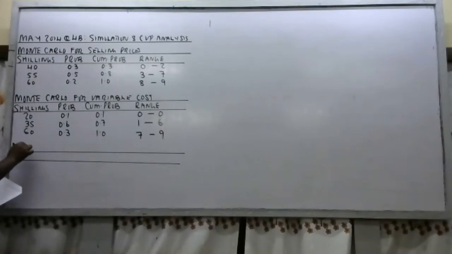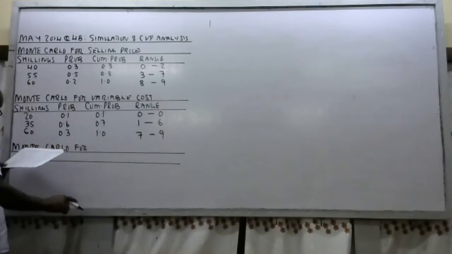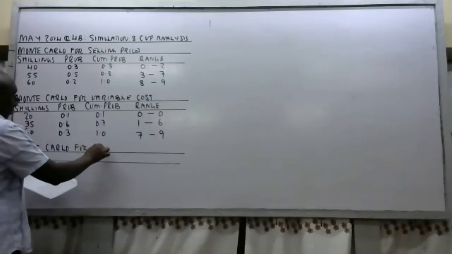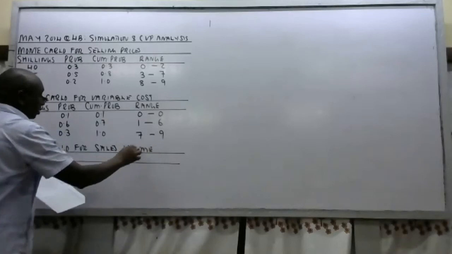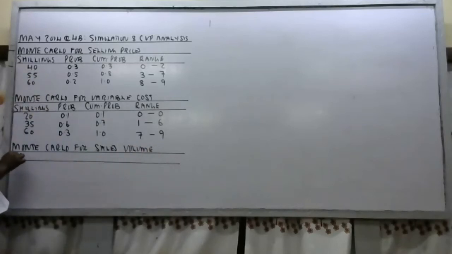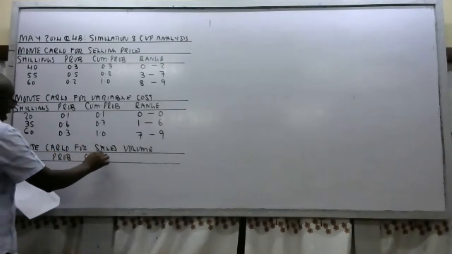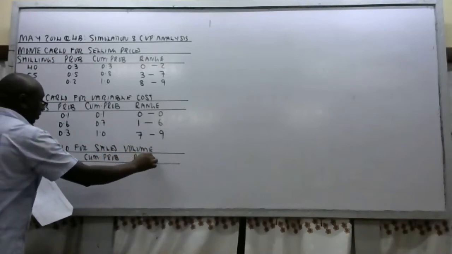Then Monte Carlo for sales units or sales volume. Sales volume, we have units, we have the probability, cumulative probability, and the range.